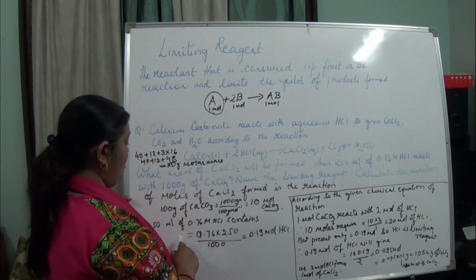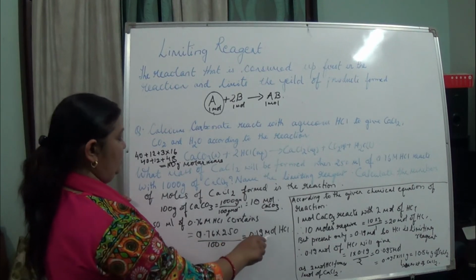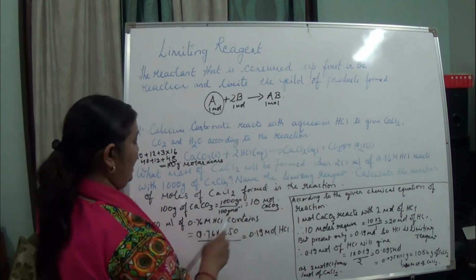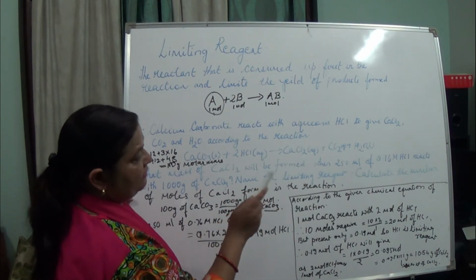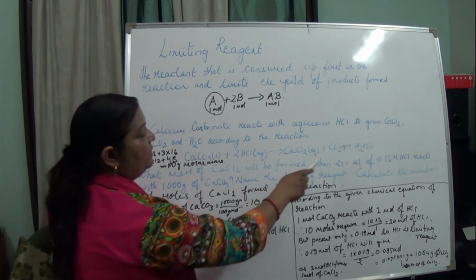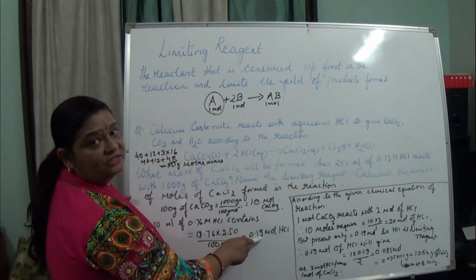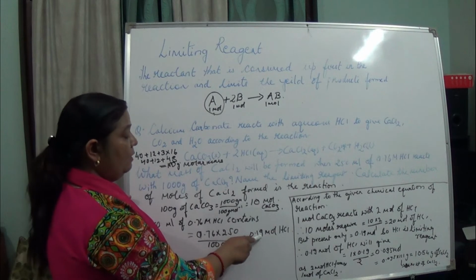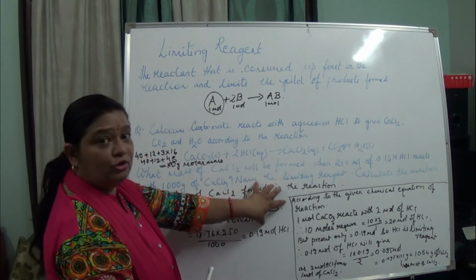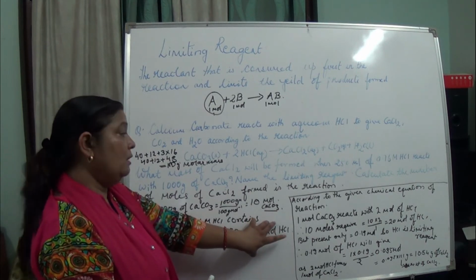So for the number of moles, molarity is given, 0.76 upon 1000 into the volume given, 250. We are getting the number of moles, that is 0.19 mole of hydrogen chloride. So we have now taken out the number of moles of calcium carbonate and of hydrogen chloride.